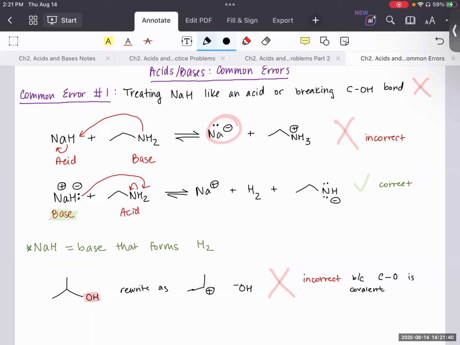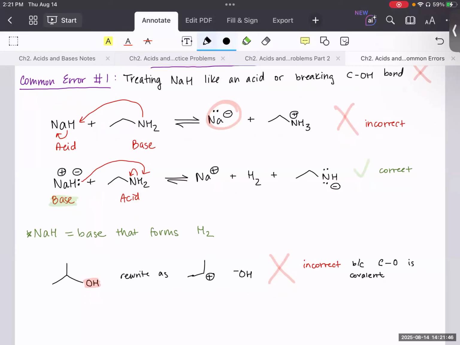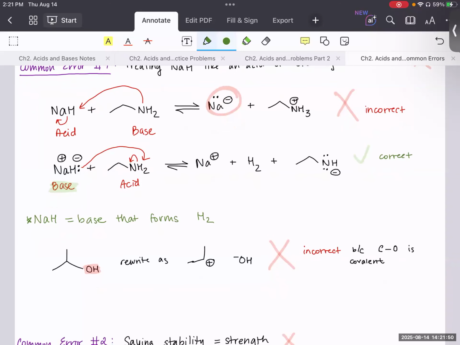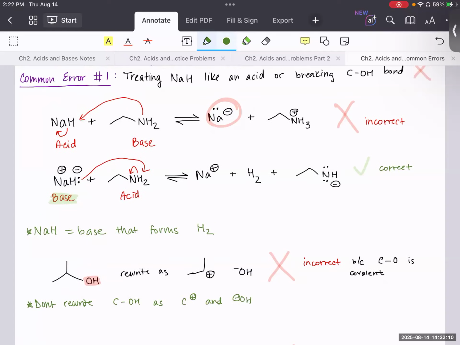You have to keep that initial reagent whole. To avoid this mistake, just don't redraw them as that positive and negative charge. Only do that if you have a sodium, lithium, or one of those metals from the first or second column.